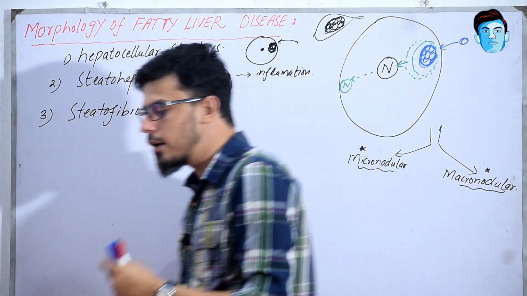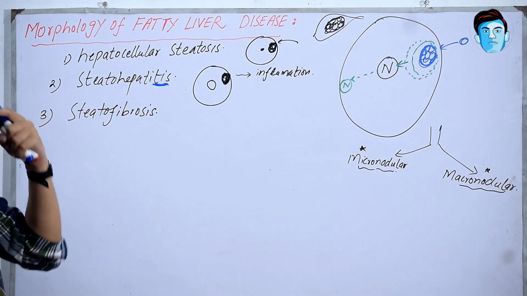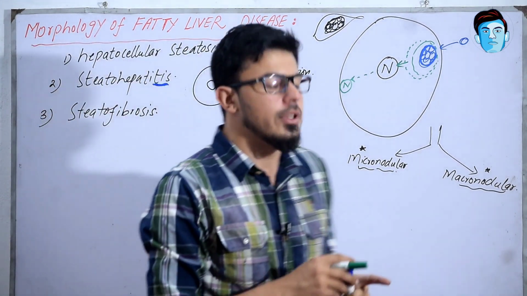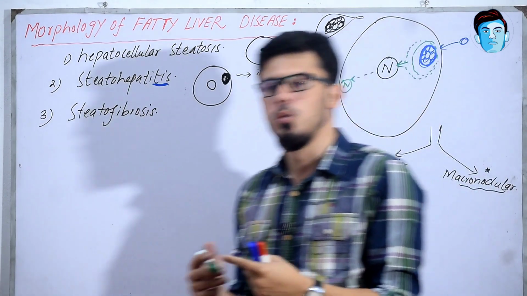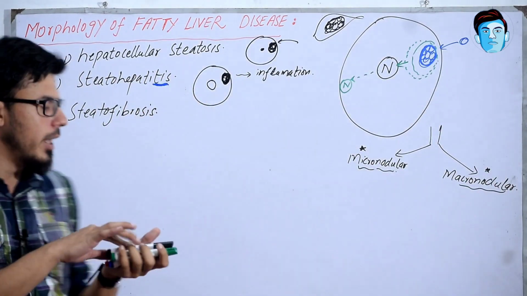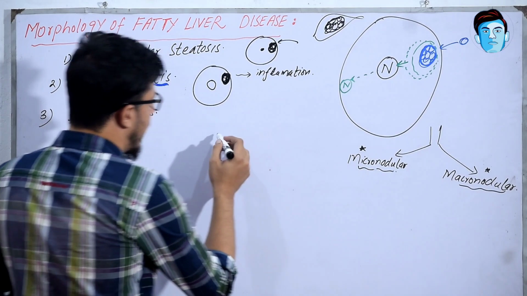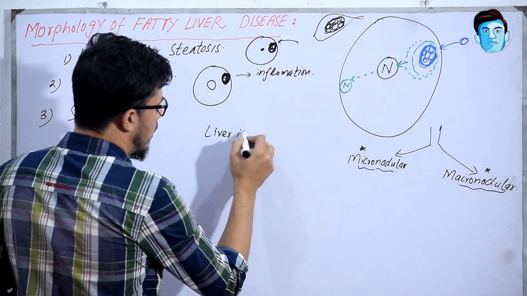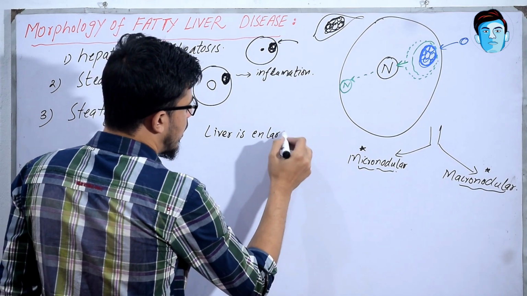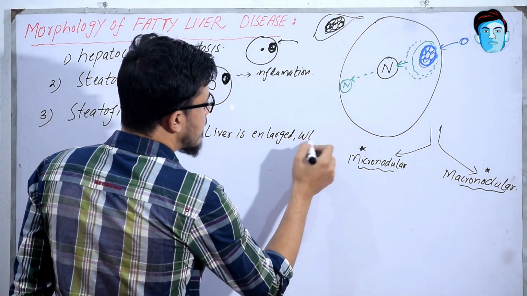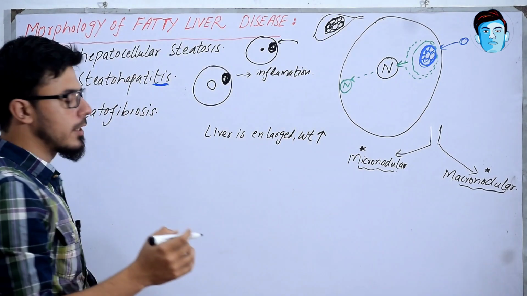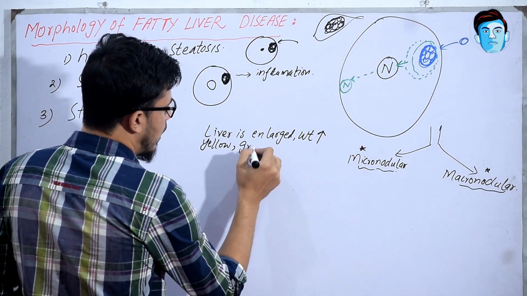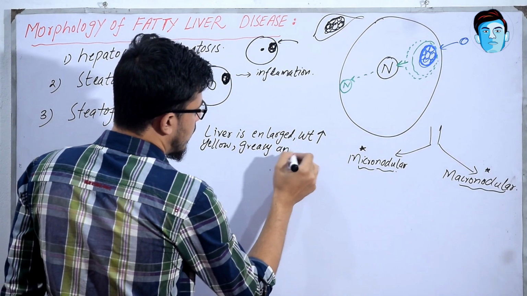And the second thing is that if we see the liver grossly in the phase of hepatocellular steatosis, what changes will be found? If we see grossly, the liver is enlarged, and its weight increases further, and it will be yellow, greasy and soft.